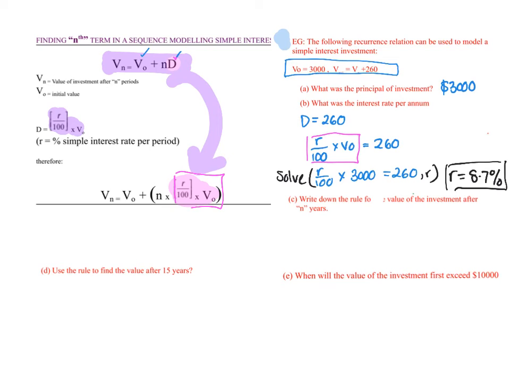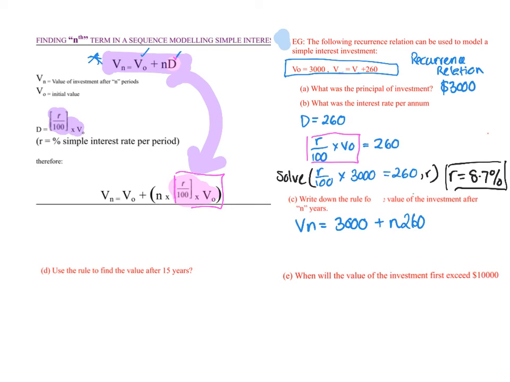And then the next question: write down the rule for the value of the investment after n years. This is the recurrence relation, not the nth term rule up here. So what I need to do is write it this way. I'm going to write Vn equals, now I'm not going to write V0. What's V0 for me? V0 is 3,000 plus, I do whatever times years, so n times, and what's d? 260.